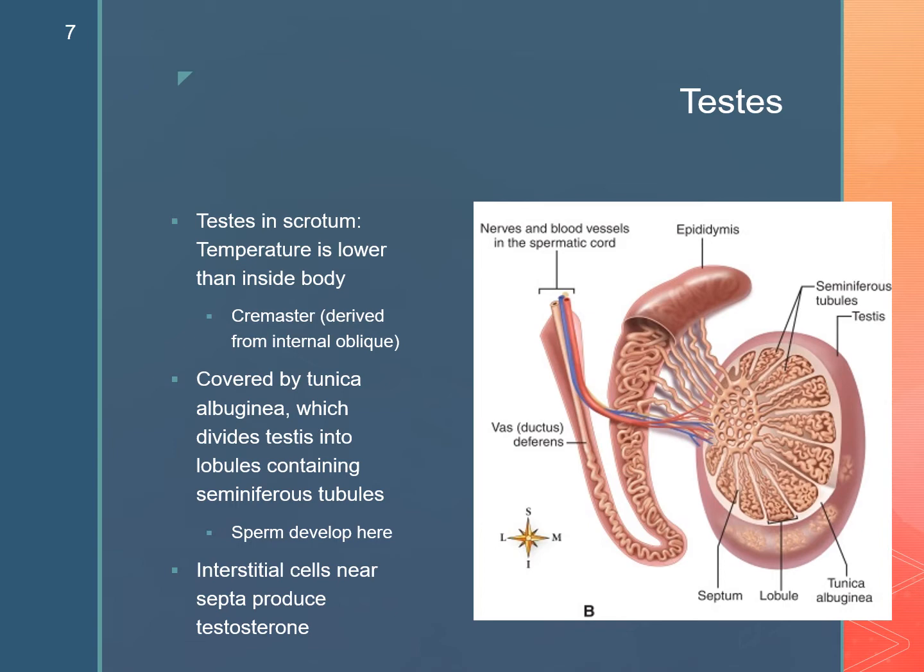Once the sperm are born and developed, they are going to start a long journey to the epididymis. So all of those seminiferous tubules kind of culminate in this one specific area and then lead the sperm towards the epididymis, and in the epididymis is where they're going to mature until it's time for reproduction.